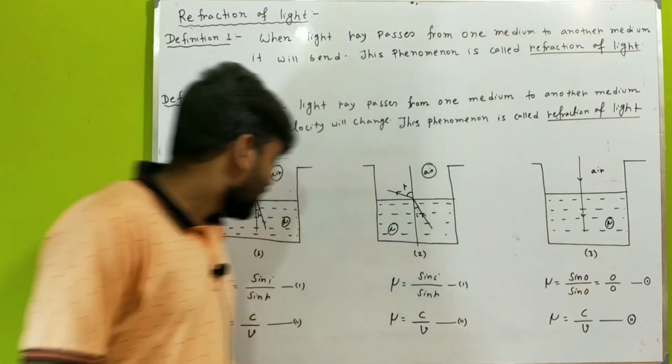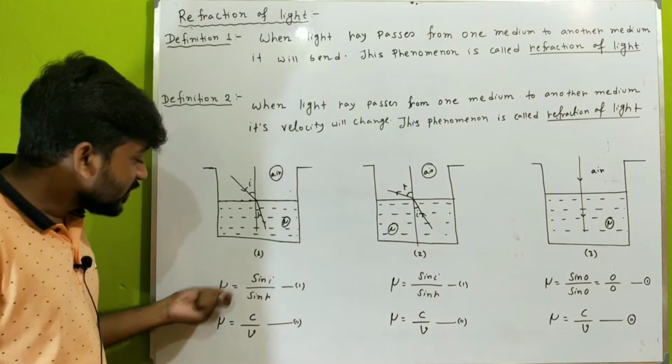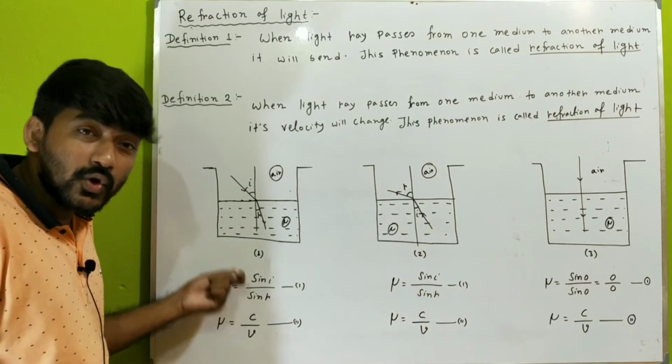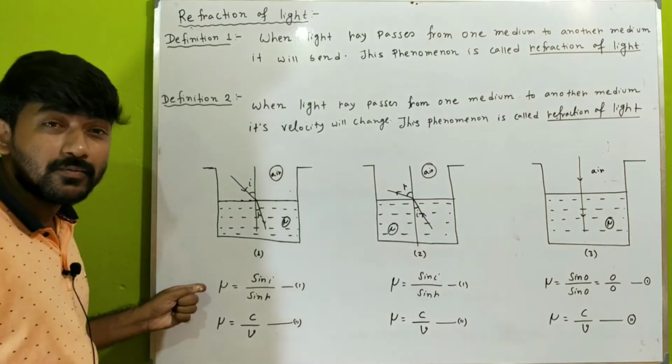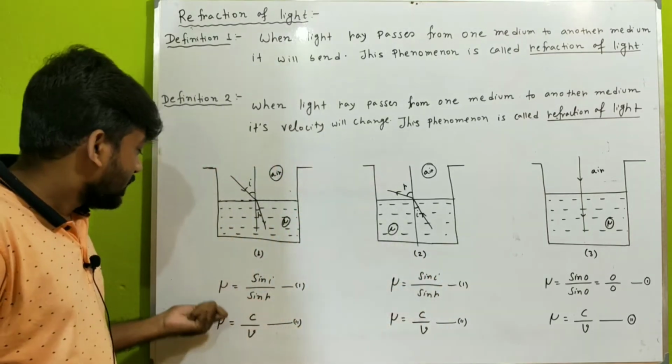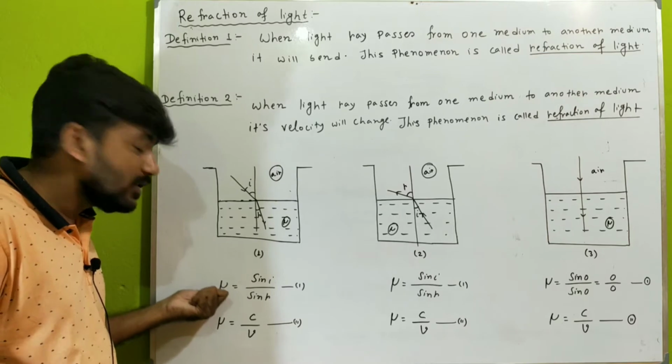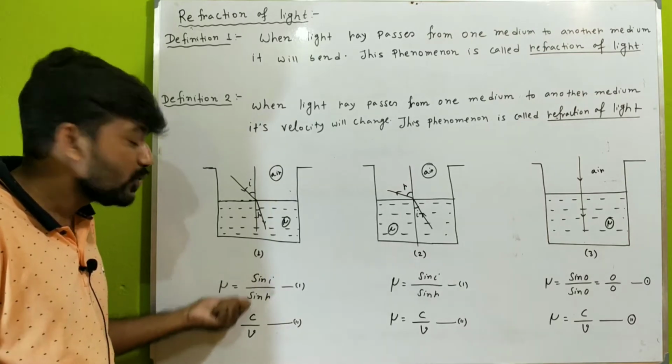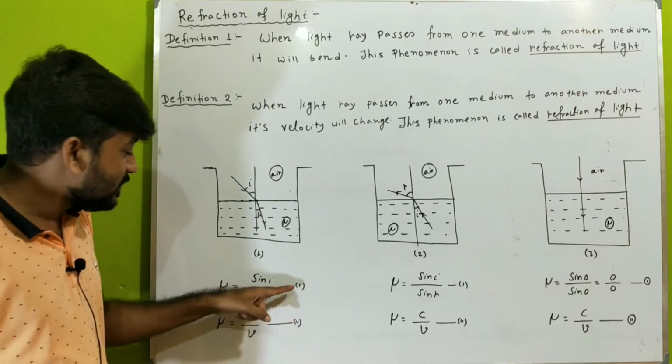I will tell. See, mu is equal to sin i by sin r is not actually the definition of mu. The confusion among the students is based here. They sometimes think that this is the definition of mu, that is mu is equal to sin i by sin r. But this is Snell's law.